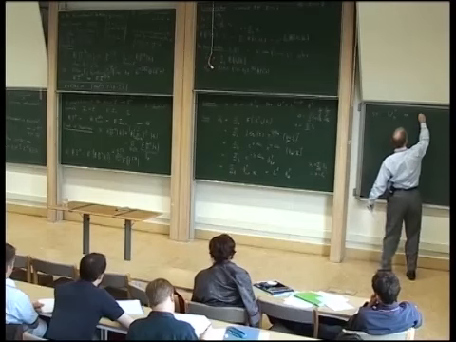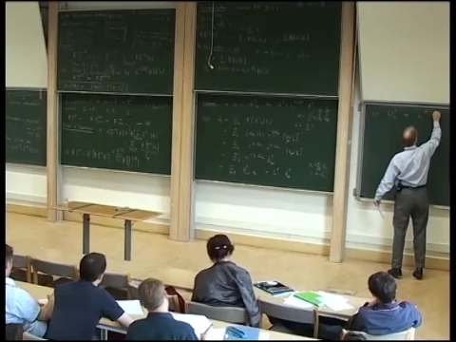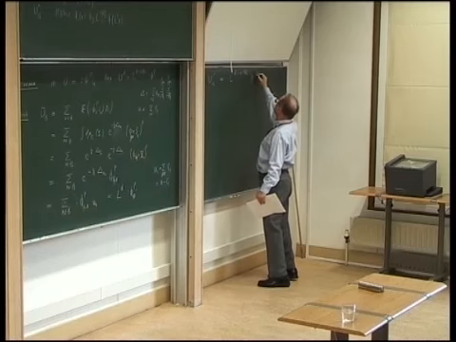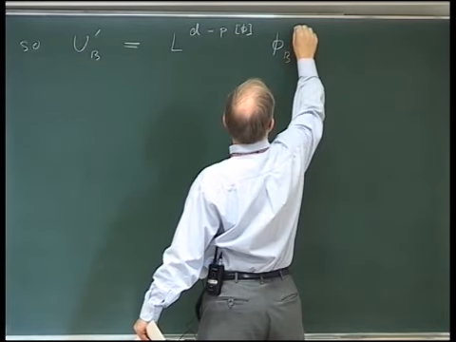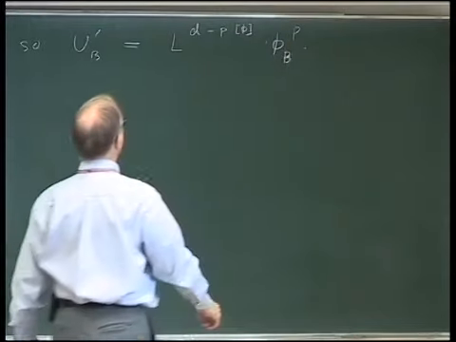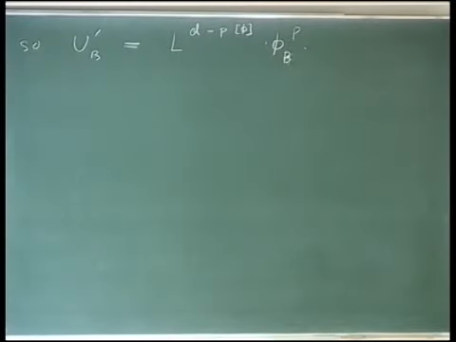U prime is L to the d minus p like that. So that's all very nice.